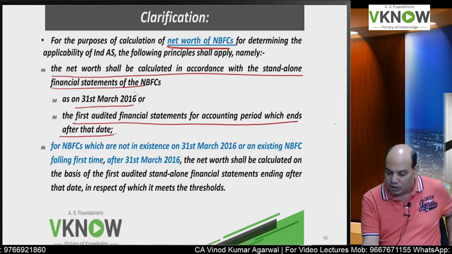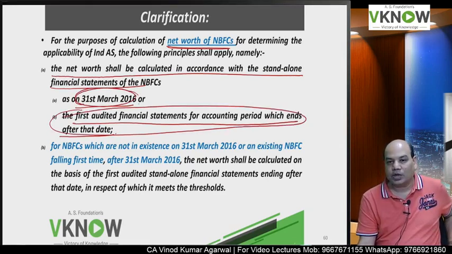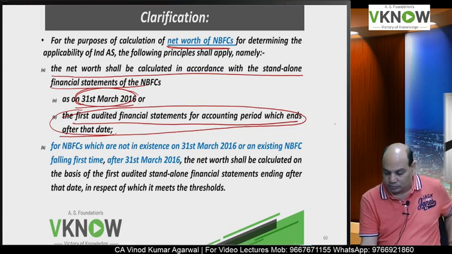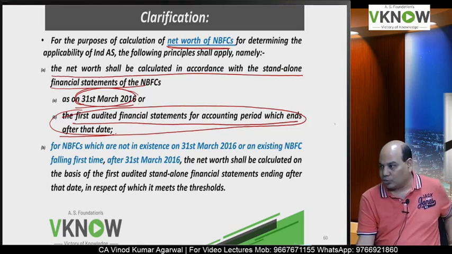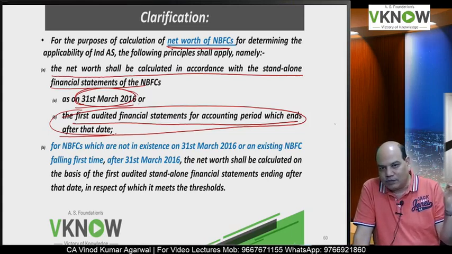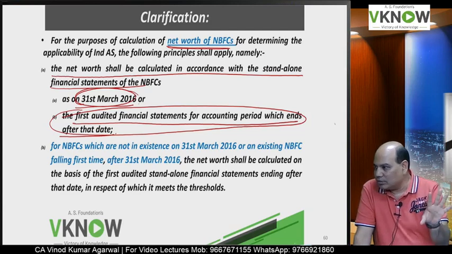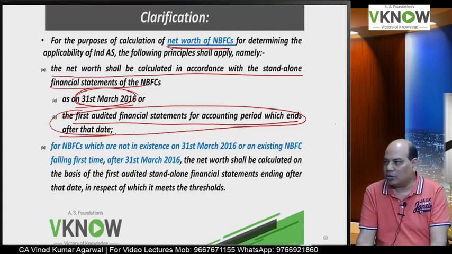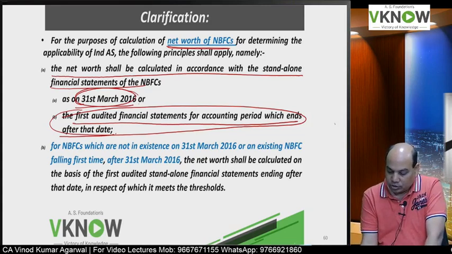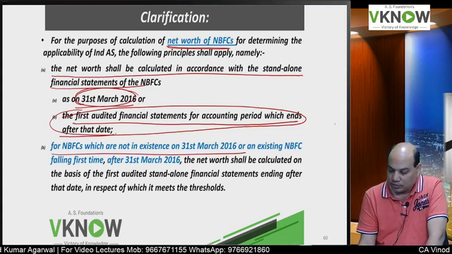So if you meet the net worth criteria here or here, Ind AS will become applicable to that NBFC. But as on date, we have to just keep on checking every previous year ending date. And if it is more than 250 crore or it gets listed, Ind AS will become applicable.